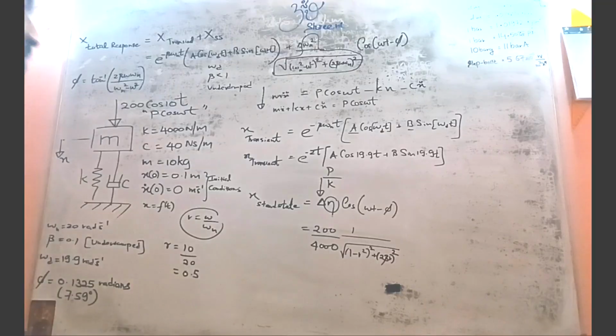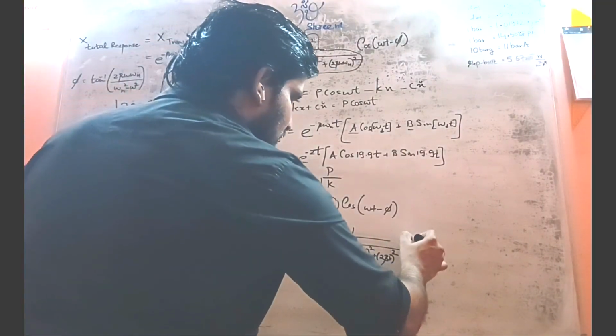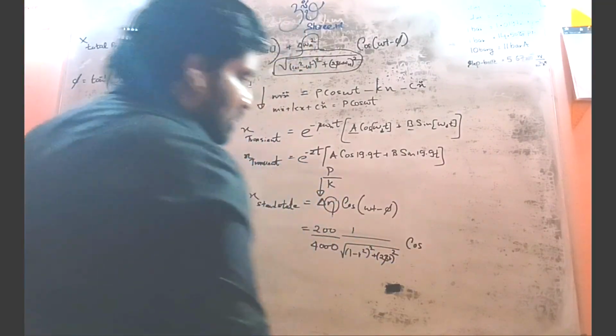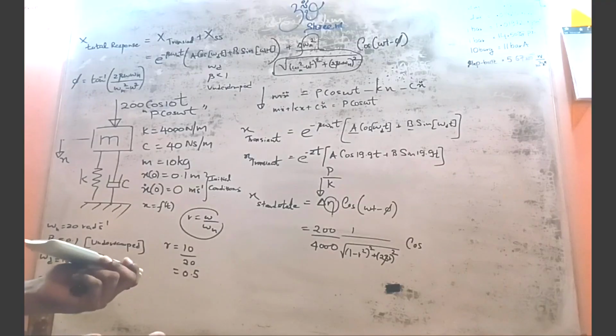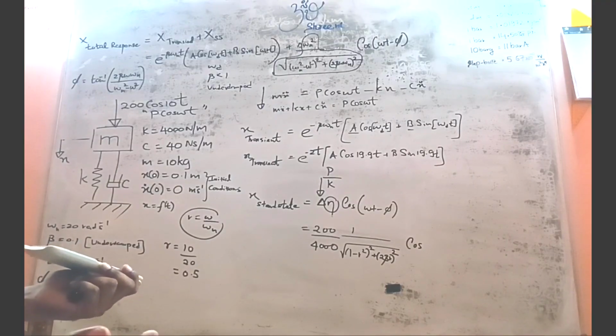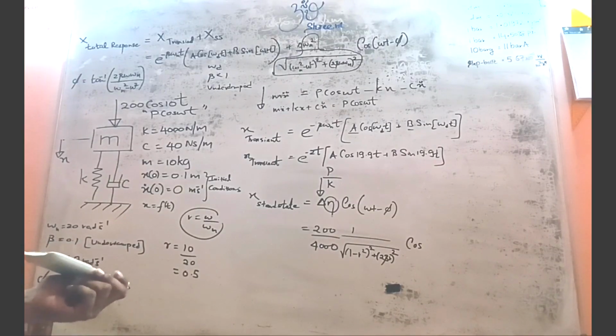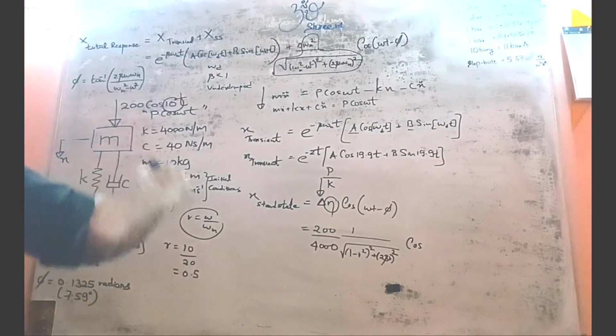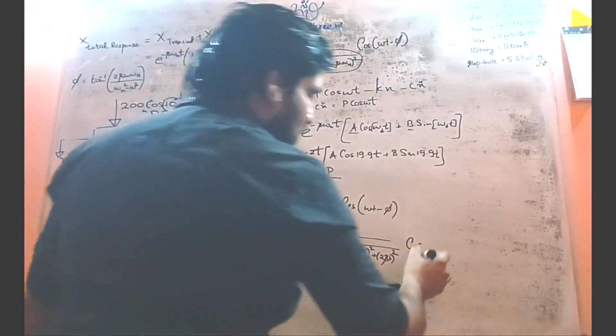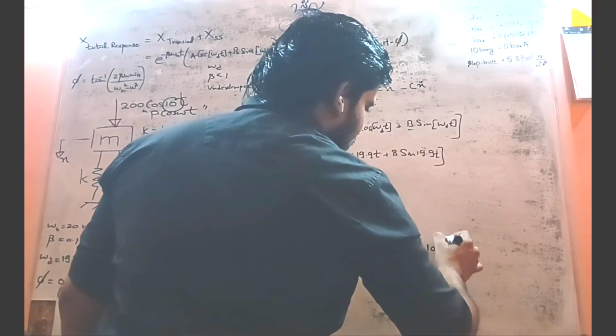All right, so then this cosine, what is omega t? If I want to consider our excitation force, our omega is 10, so this will be cosine 10t.